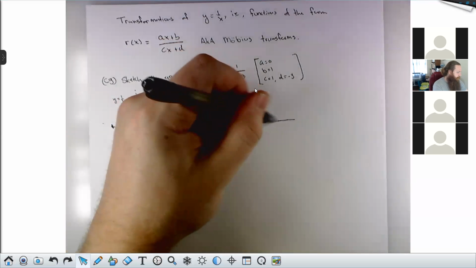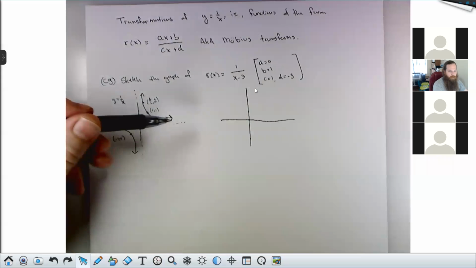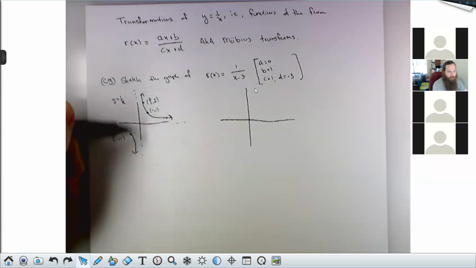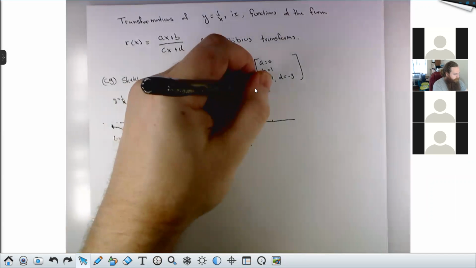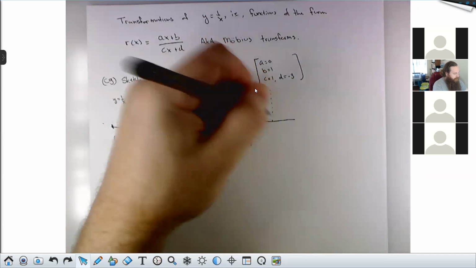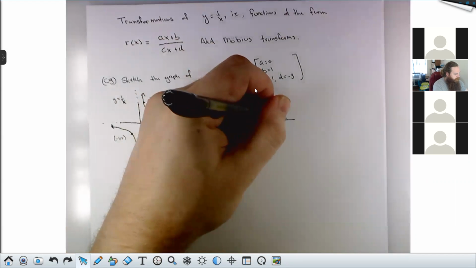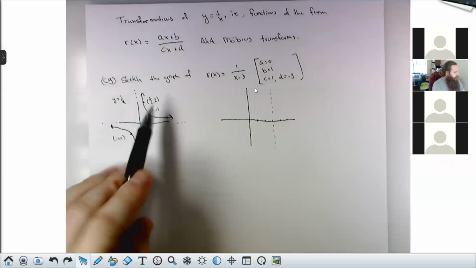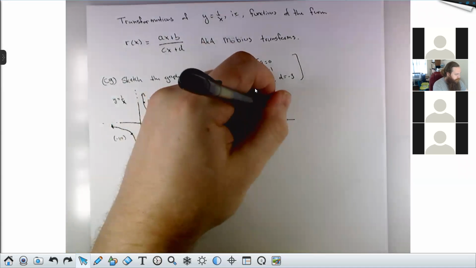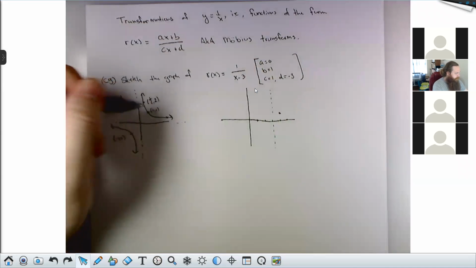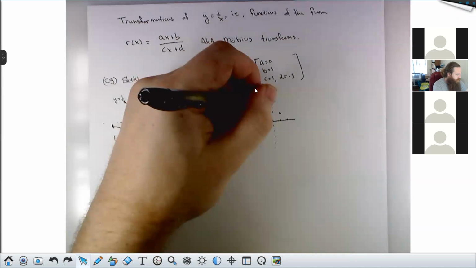So here's the graph of r of x. I'm going to take 1 over x and move everything to the right 3 units. So this vertical asymptote will move. That vertical asymptote, which I'll abbreviate VA, is now right over here. It's the line x equals 3. The point 1, 1, if I shift that to the right 3 units, becomes 4, 1. 1 half, 2 becomes 3.5, 2.